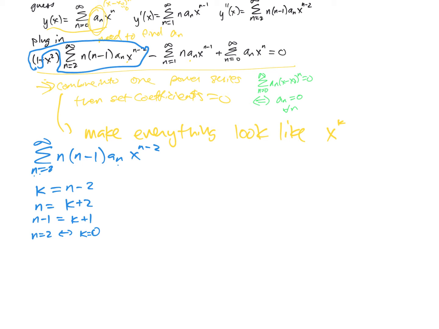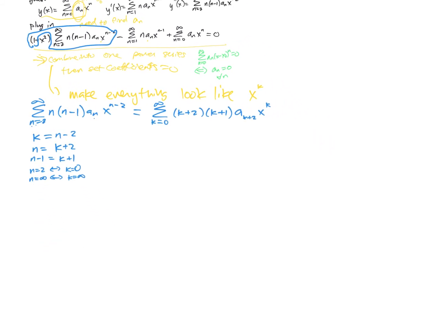And then n equals infinity corresponds with k equals infinity, so infinity will stay the same. So this sum we can rewrite as the sum from k equals 0 to infinity of k plus 2, k plus 1, a k plus 2, x to the k. All right. So that's our first term.